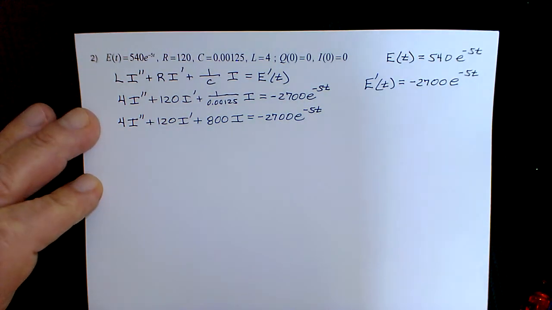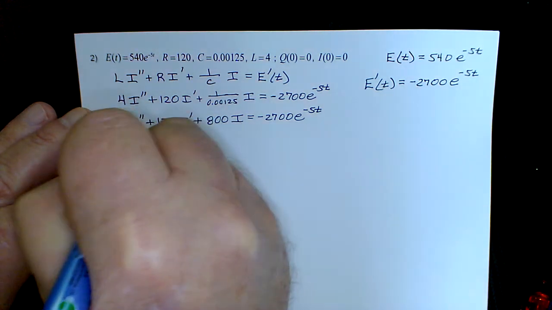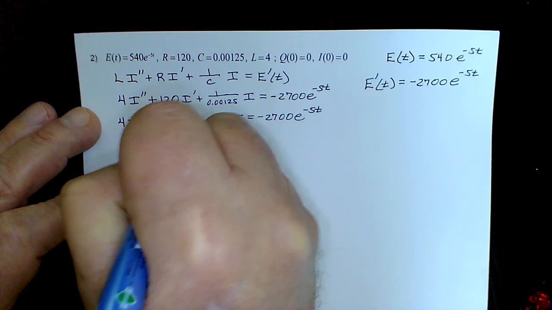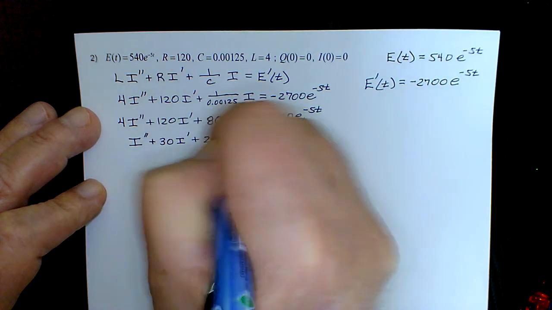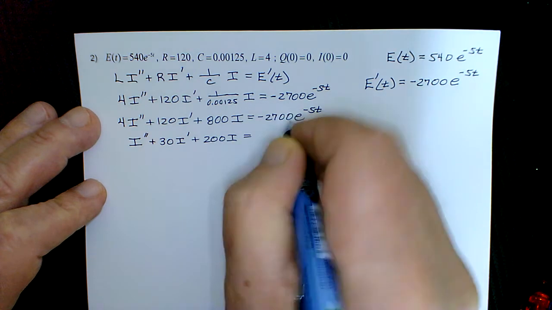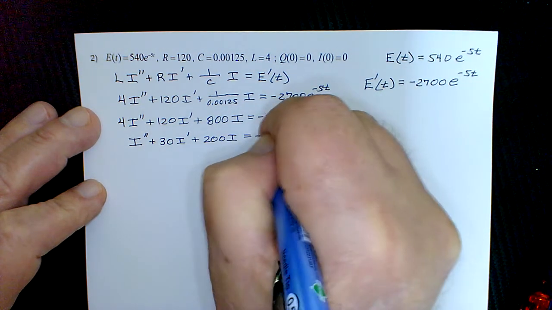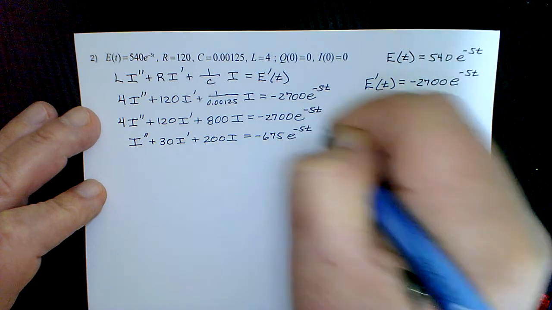And then if we divide everything by 4, because everything is divisible by 4, it makes it a little bit easier. I double prime plus 30 I prime and then plus 200 I equals, don't forget to divide this guy by 4 as well, so negative 675 e to the negative 5t.